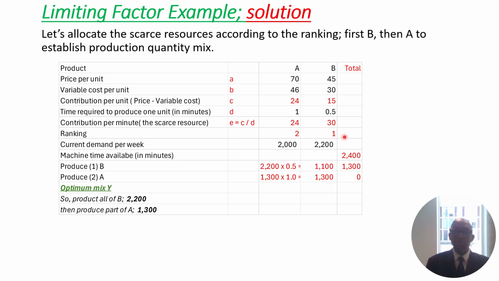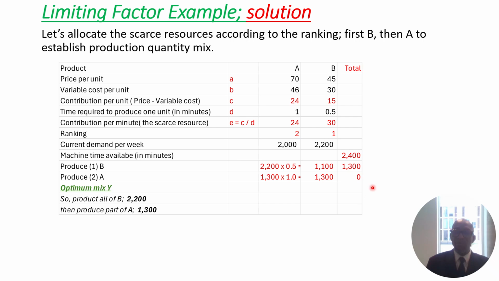So if we produce B, which is rank 1, we will need to use 2,200, the demand required, times the time required to produce one of them, 0.5, which gives us 1,100 minutes of the available time. So the remaining time left to allocate to other products is 1,300.